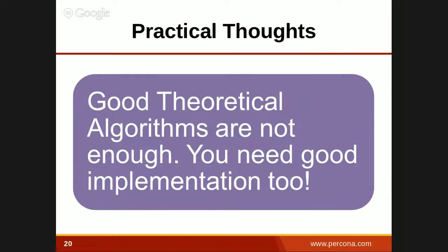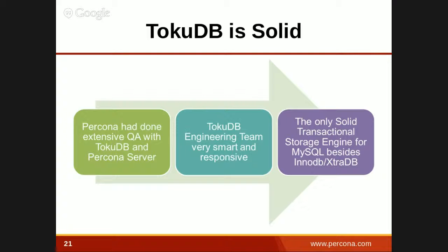Now, this is all we talked about, the algorithms and the ideas. Well, we well know it's possible to screw up any kind of decent algorithm with the implementation, so you need a good implementation as well as great concepts. First, TokuDB has been around for a long time, and we had done a pretty extensive QA with TokuDB in Percona Server.